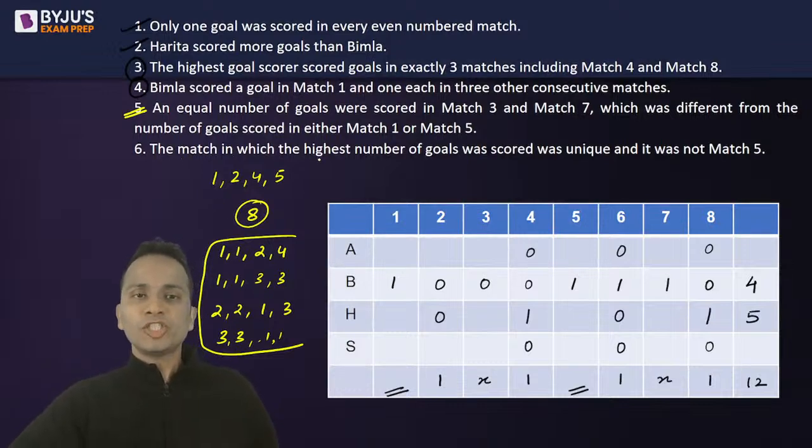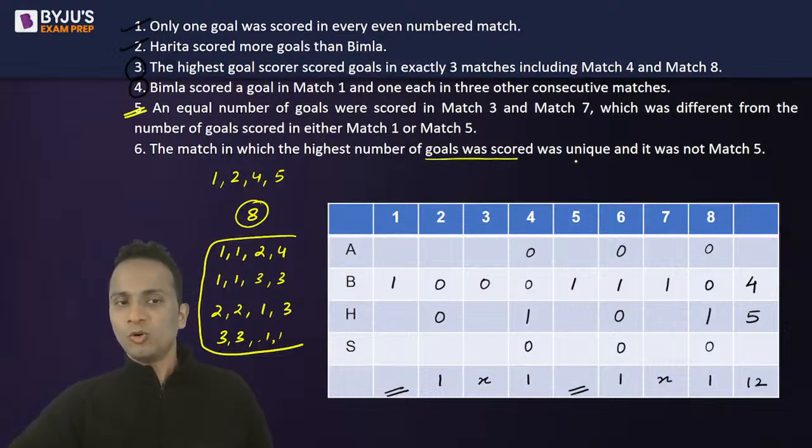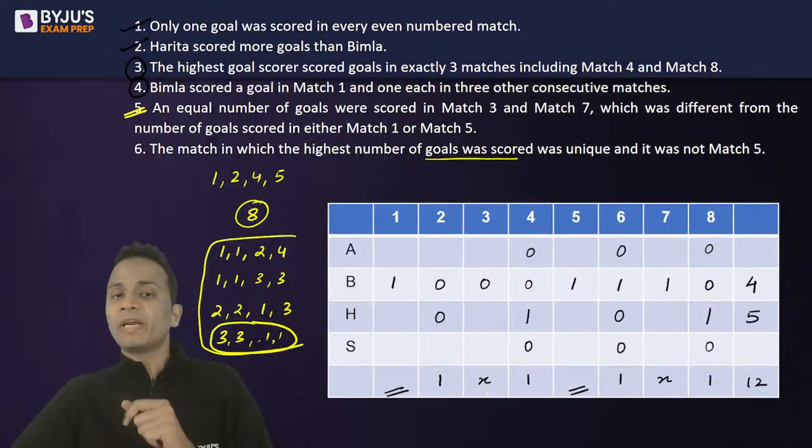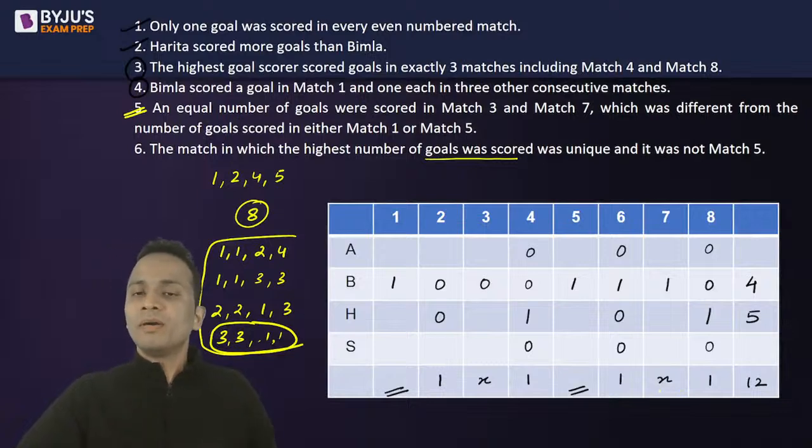The match in which the highest number of goals was scored was unique. So if I consider 3, 3, 1, 1, so if I take the value of x as 3, the match in which the highest number of goals was scored will become this match, and again 3 goals will be scored in match number 7. So this number is not unique in this case.